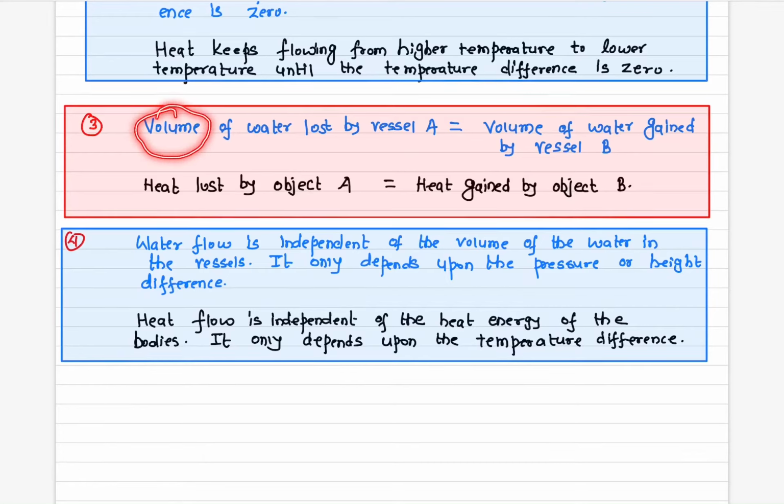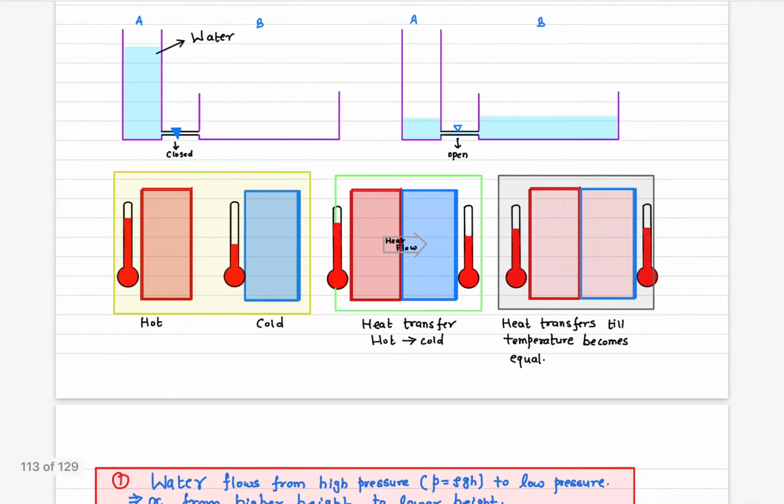Again, this volume is exactly equal to the heat. So heat lost by an object A is equal to heat gained by object B. So in this case, when you have a hot body and a cold body and you place them in contact with each other, the heat flows from body A to body B, or from hotter to colder, and the amount of heat lost by the hot body is exactly equal to the amount of heat gained by the cold body.